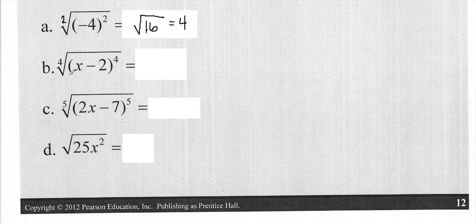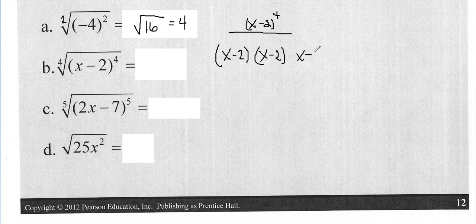How about this one? If I follow the rule I was doing earlier, where I'm going to say this is x minus 2 to the 4th power, if I did the prime factorization of that, it seems silly, but it would be x minus 2, x minus 2, x minus 2, and x minus 2. I'm really drawing this out, but I want you to see what's going on.